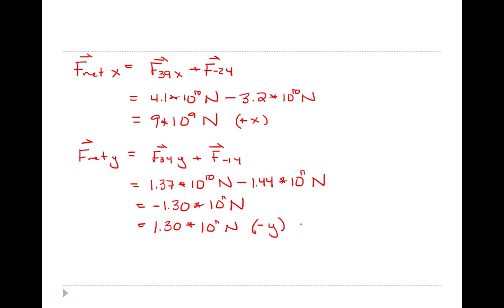Okay, so I now have the components of my net force in x and y. What I really want, however, is the magnitude and direction, so I have one more step to take. I have a triangle with F net x in the positive x direction, F net y in the negative y direction, so I drew it going down, F net along the diagonal, and I'm going to define this angle as phi.